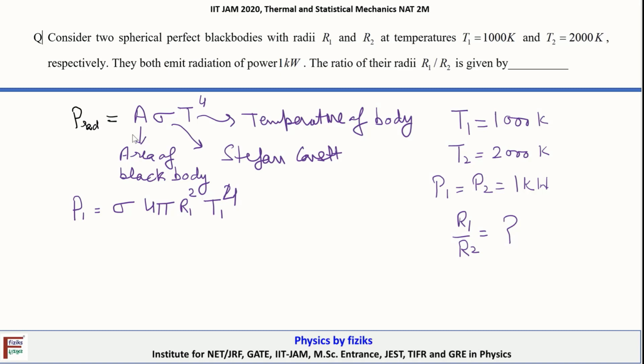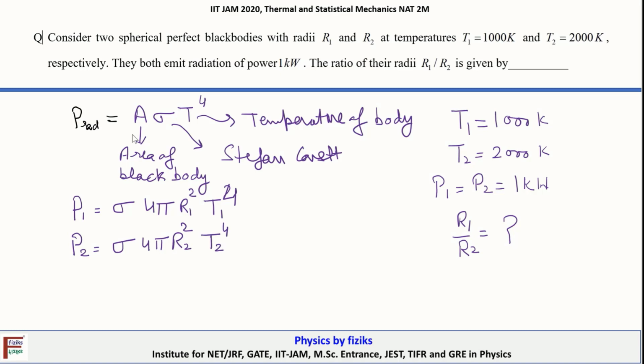Similarly I can write the expression for the power radiated by the second body: the constant multiplied by surface area 4 pi R2 square, and then T2 power 4.